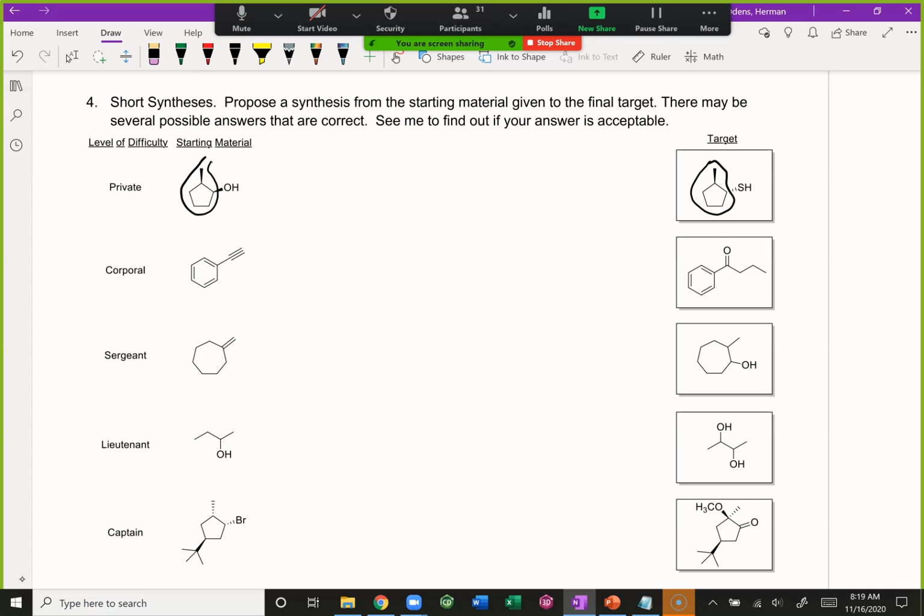So somewhere along the line here, I need to turn this OH into a good leaving group and substitute it with sodium SH, and I have to do it in an SN2 fashion so that I can invert the configuration. All right. So this is what I can envision from this reaction right off the bat.